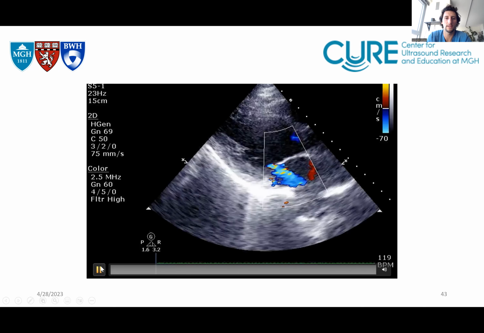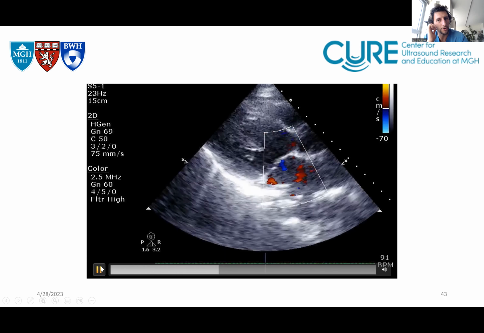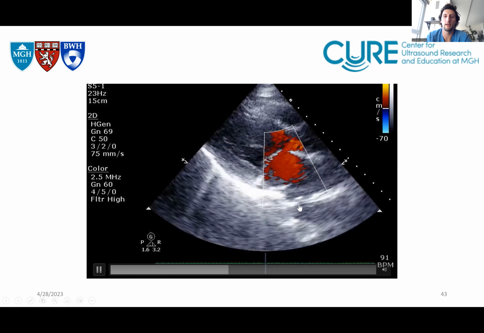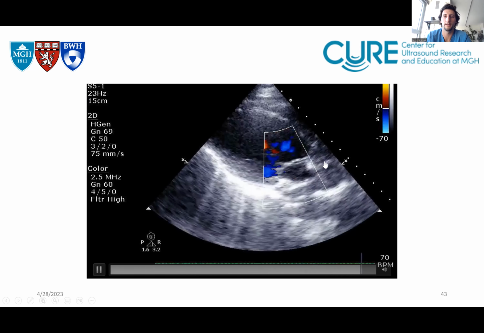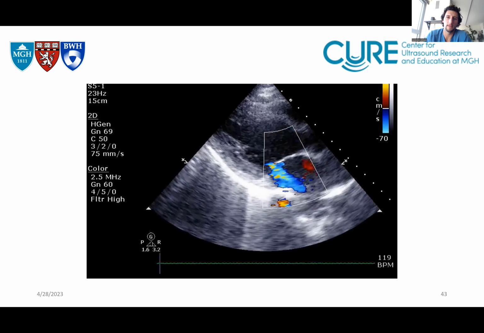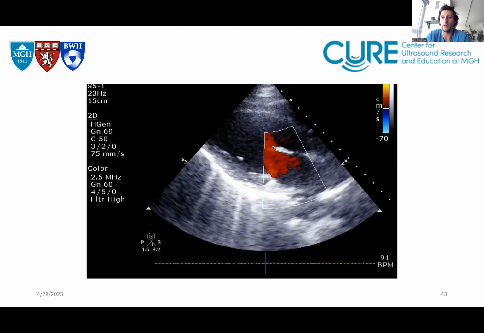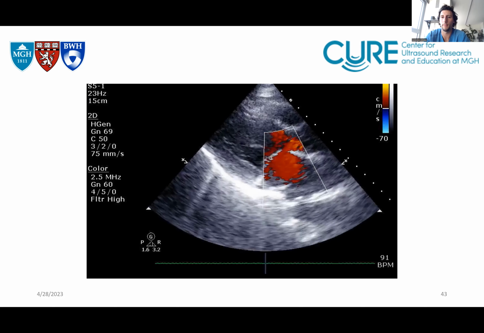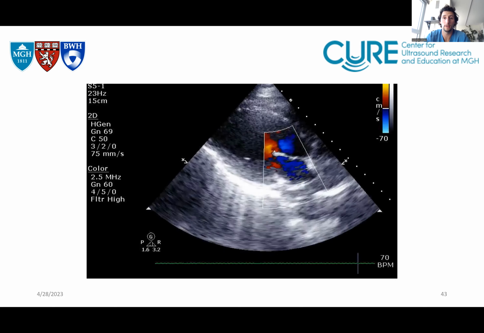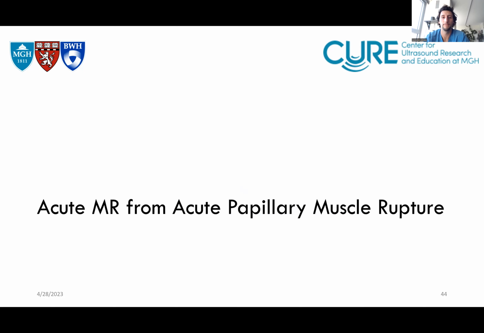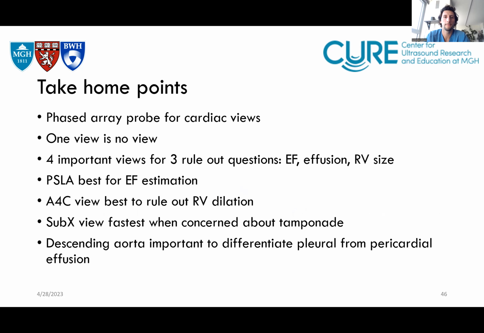So sudden onset shortness of breath, chest pain, with a significant amount of regurgitation seen on the Doppler view of this parasternal long axis, and some ischemic findings on the EKG. You have to be concerned that there's ischemic damage to that papillary muscle, and this has ruptured and caused acute mitral regurgitation. So that's just a fun case example.